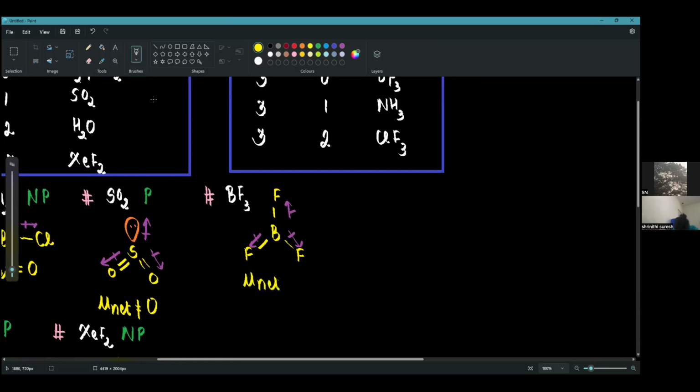So the net dipole moment is experimentally zero, so we will say that the molecule is non-polar.